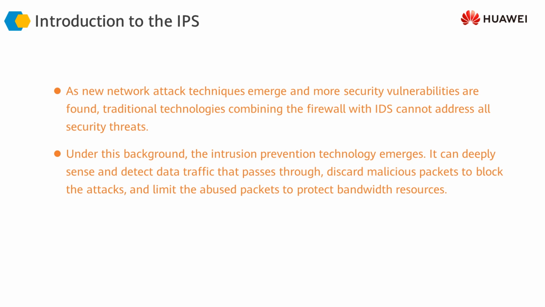It's a relatively newer system compared to IDS, but this is what you will normally see in your networks these days. It can deeply sense and detect data traffic that passes through, and it can discard malicious packets to block the attacks and limit the abused packets to protect bandwidth resources. Instead of depending on the firewall or anything else, it can prevent most of the attacks from happening directly on its own.